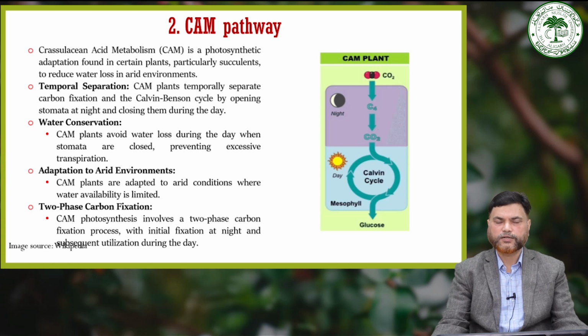By controlling the release of organic acids, CAM plants basically maintain a high concentration of carbon dioxide around the rubisco, ensuring efficient carbon fixation despite closed stomata. So this is the niche CAM plants have over the other plants.